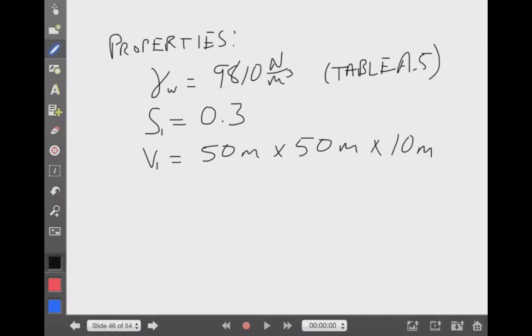We do need the amount that's submerged, and we know that that is going to be this volume here, because the buoyant force is equal to the weight of the water displaced. So we need to calculate the volume of the object submerged. That's going to equal the volume of the water displaced.